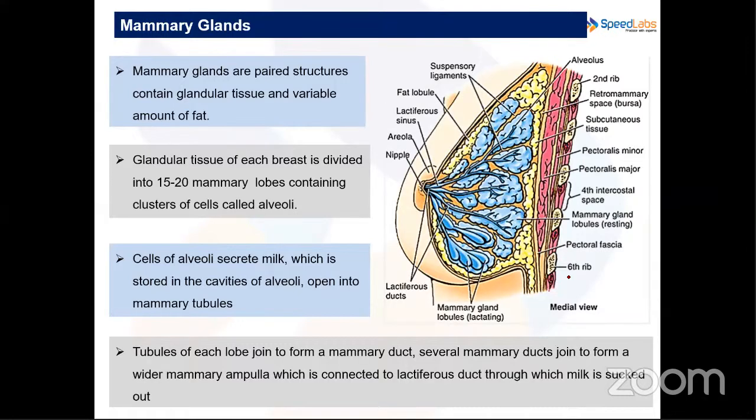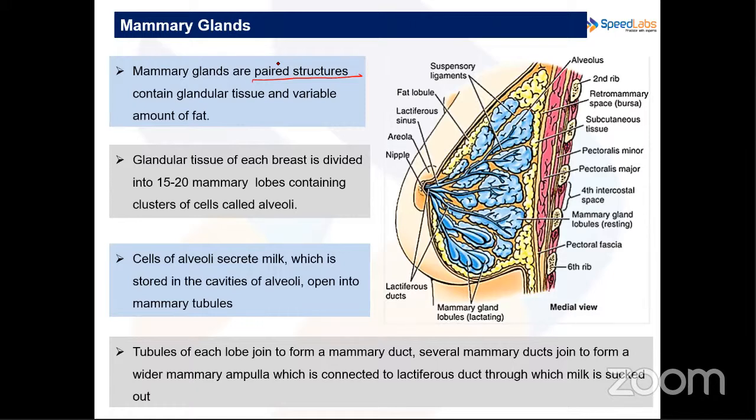A functional mammary gland is a characteristic of all the female mammals, especially. And they are paired structures. You know that they are paired structures, the mammary glands. And what do they contain?